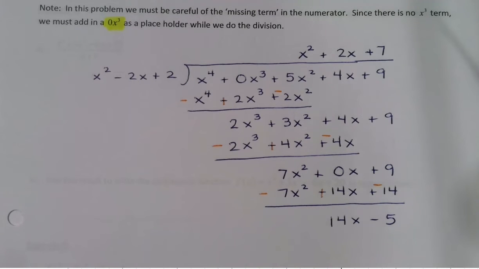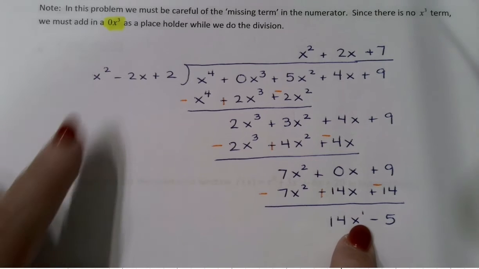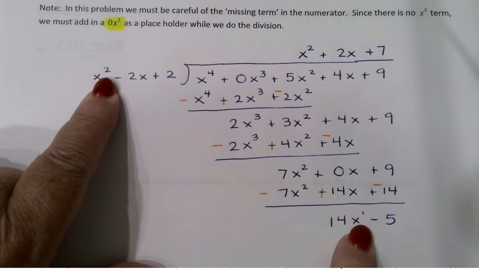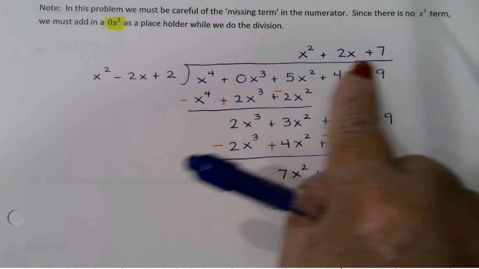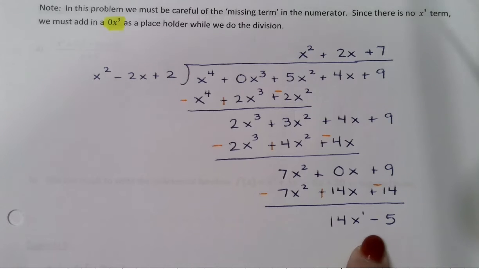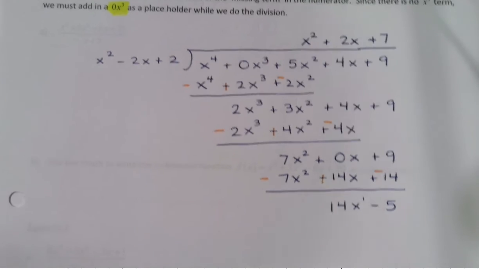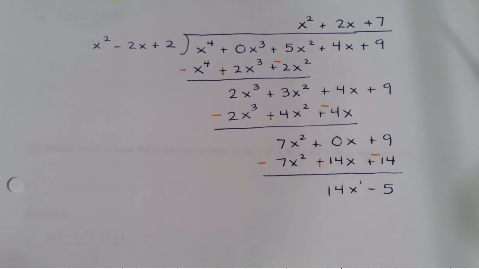I know that I'm done dividing because, again, the power of the first term is now smaller than the power of my divisor, and so I can't divide anymore. So I have a quotient and I have a remainder. Let's write this answer with the quotient and remainder and then also using that fractional form.